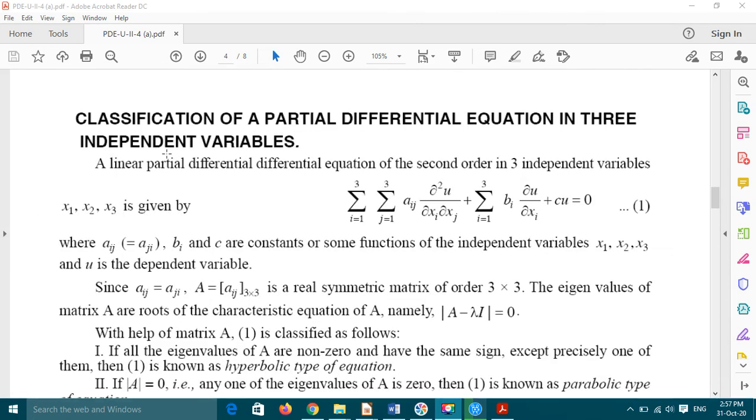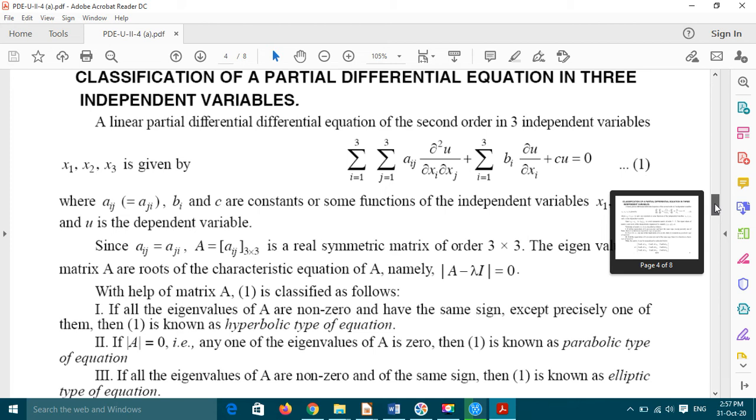Now we classify partial differential equations in 3 independent variables. Classification of partial differential equations in 3 independent variables. Above we discussed the classification of partial differential equations in 2 independent variables. Now we start with 3 independent variables.